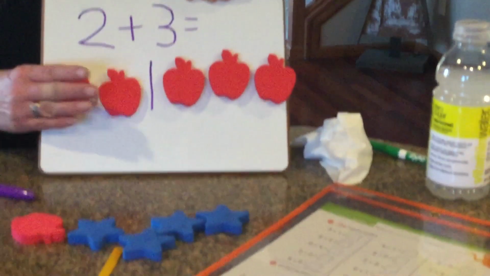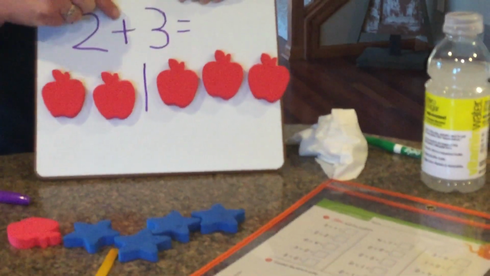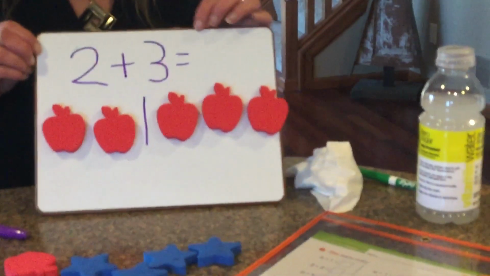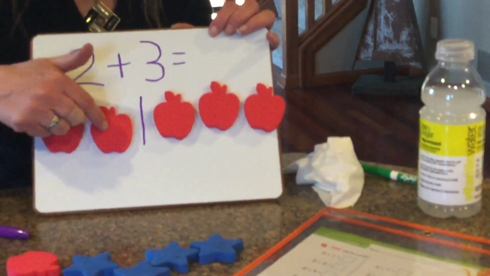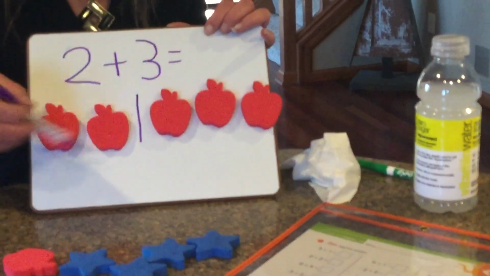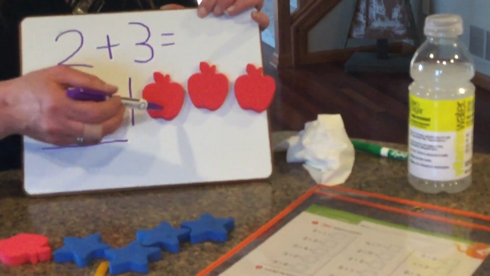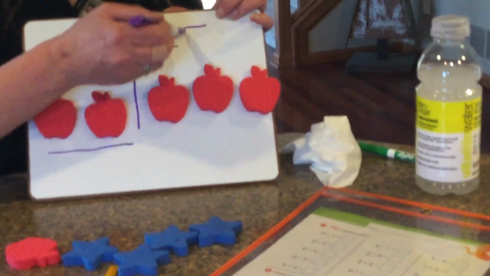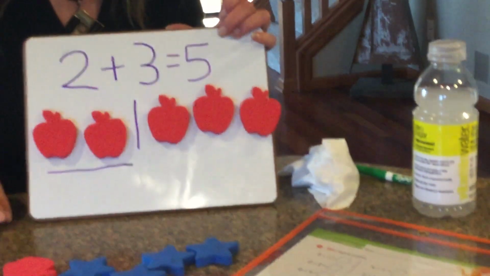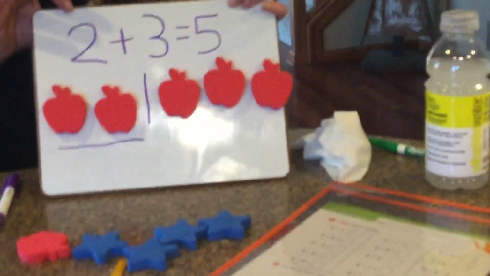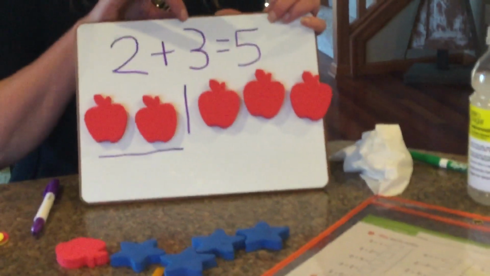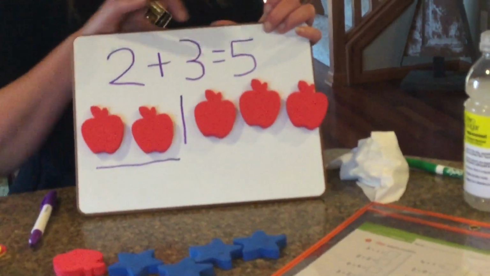Your partner numbers are 2 and 3. 2 plus 3 equals. You might have known that this is 2. Maybe you don't have to count those. 2, 3, 4, 5. Let's read it together. 2 plus 3 equals 5.